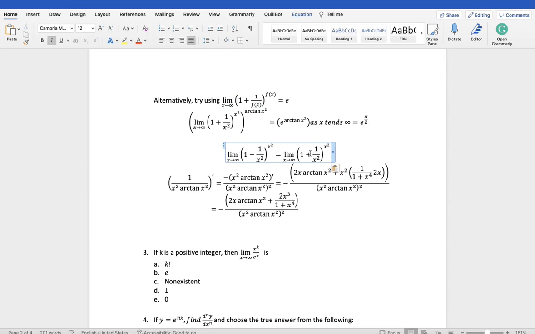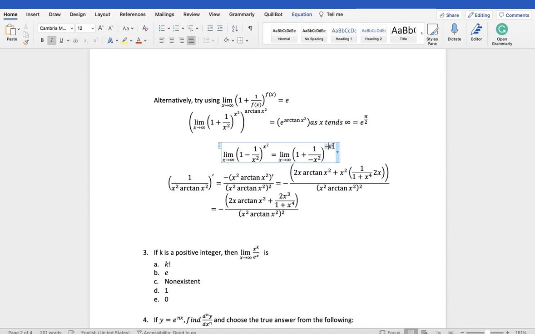You can rewrite this expression as the limit as x tends to infinity of 1 plus 1 over minus x squared, sorry, which is basically the same as that. And then you multiply by -1 and you divide by -1 in the exponent.